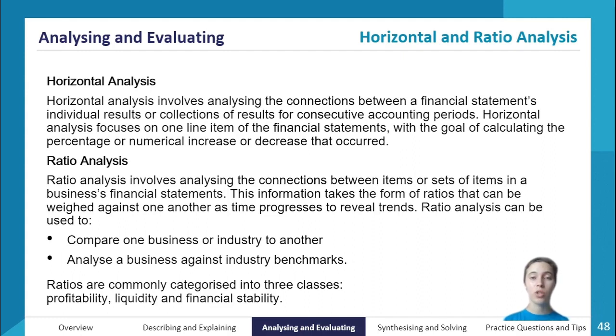So you're choosing one account, one thing to focus on, with the goal of calculating the percentage or the numerical increase or decrease that occurred. So maybe if you look at the cash sales, then you could be thinking about how that has increased in terms of that monetary value, and then how much it increased or decreased in terms of a percentage as well.